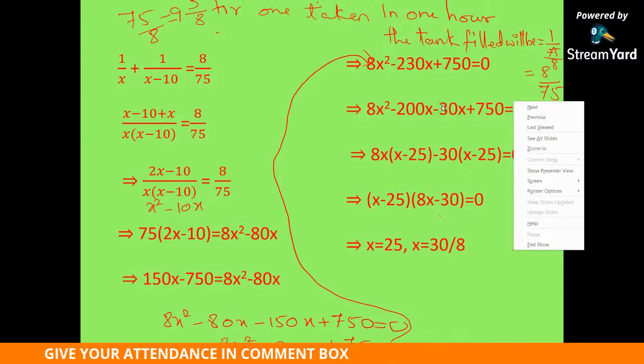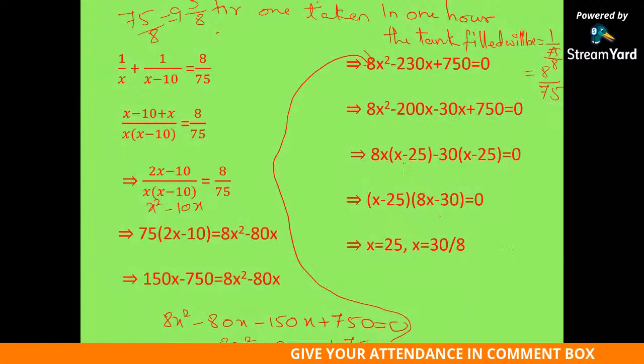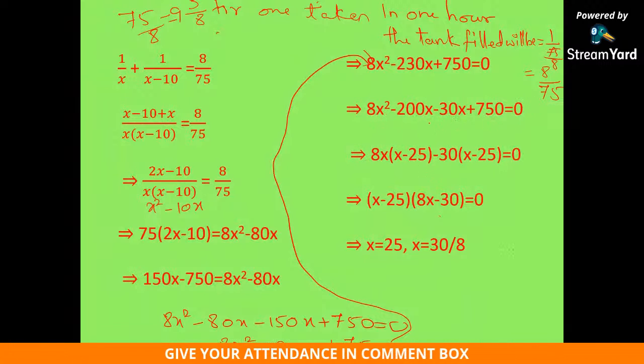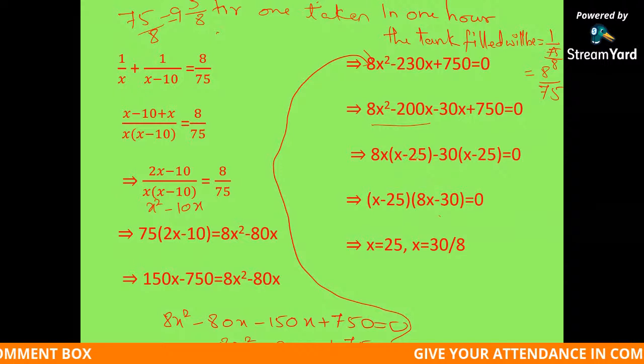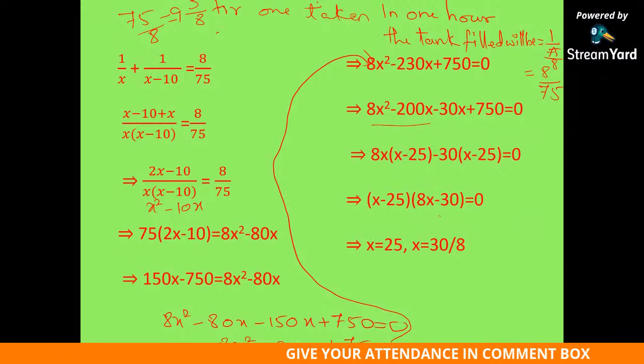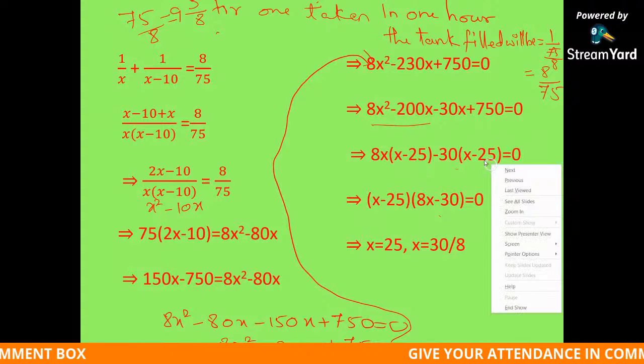Here I have selected 8x square minus 200x minus 30x plus 750. If you take 8x common from the first two terms, it remains x minus 25, because 25 times 8 is 200. Here if you take 30 common, it remains x minus 25.